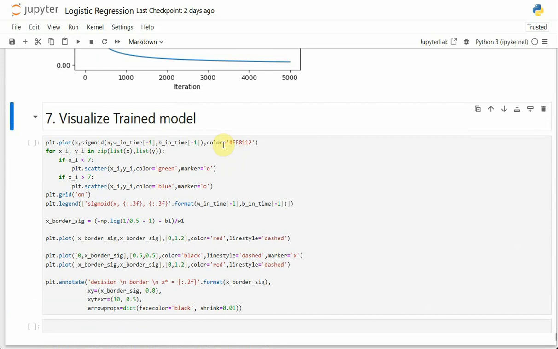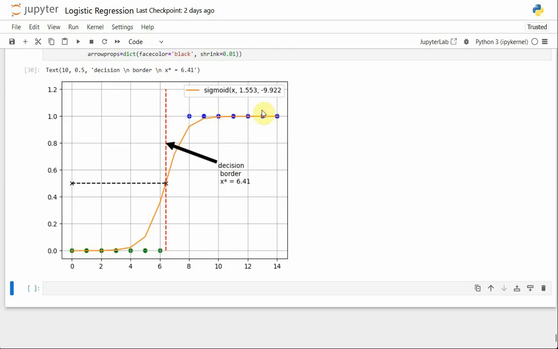And finally, let us visualize the trained model and see what result we get. Here you can see that our trained model has parameter W equals 1.553 and parameter B equals minus 9.922. The decision border in this case will be 6.41.